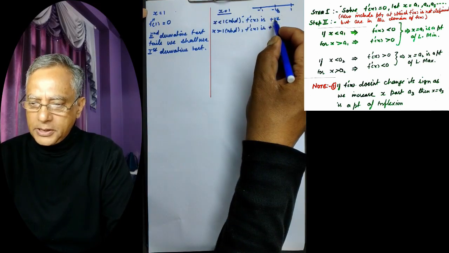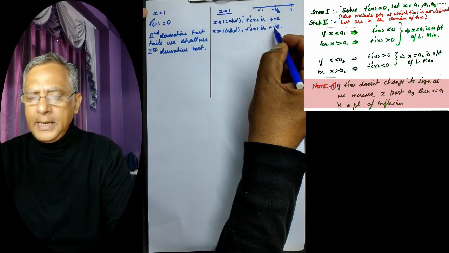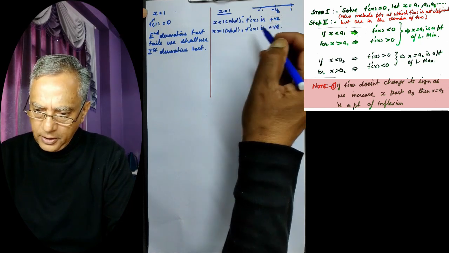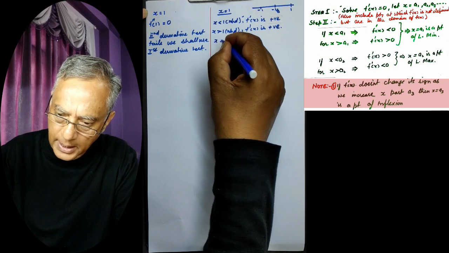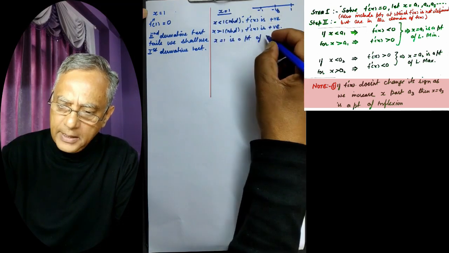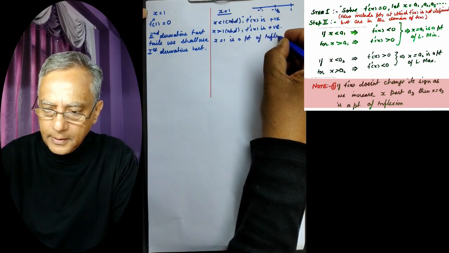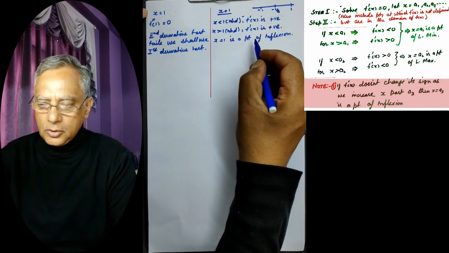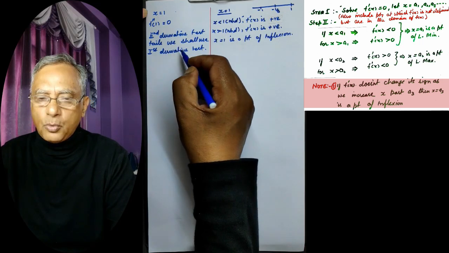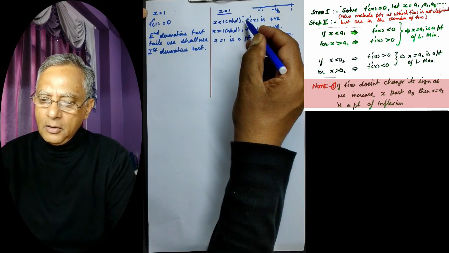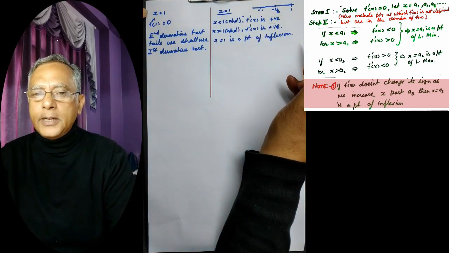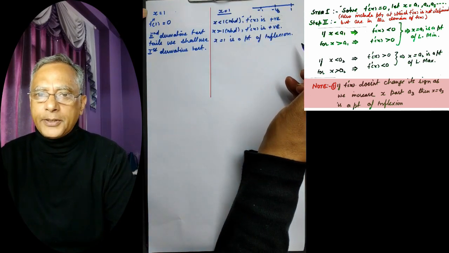It is positive, it remains positive. So what we conclude is x equal to 1 is a point of inflection. At this point, the second derivative test fails, but we can use the first derivative test and conclude that x equal to 1 is a point of inflection.